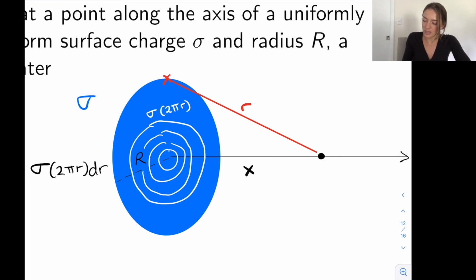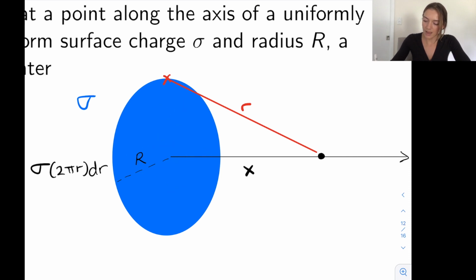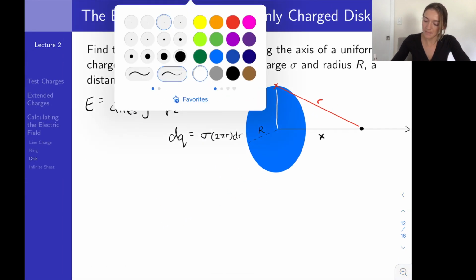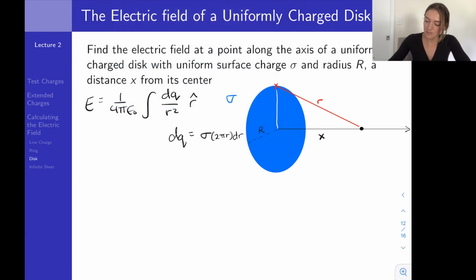Well, at this top point, it's easy. We can see that on this side we're going to have another triangle. So let me get rid of these so that it's a little bit easier to see. I'm going to have a triangle again where this side is x, this side is the radius of my disk, and then little r is just that, right?